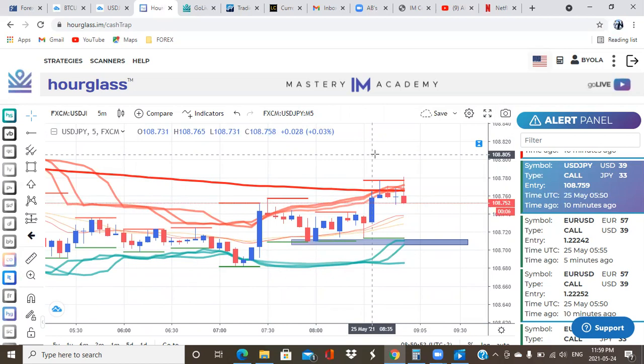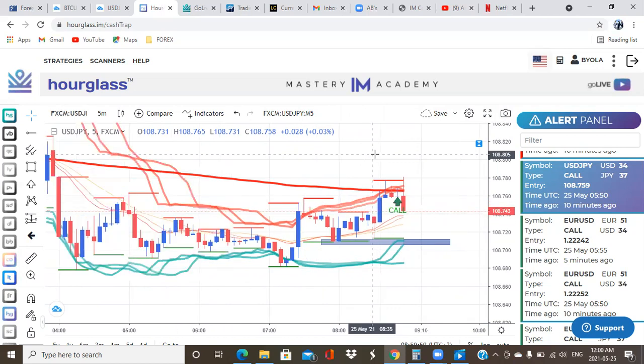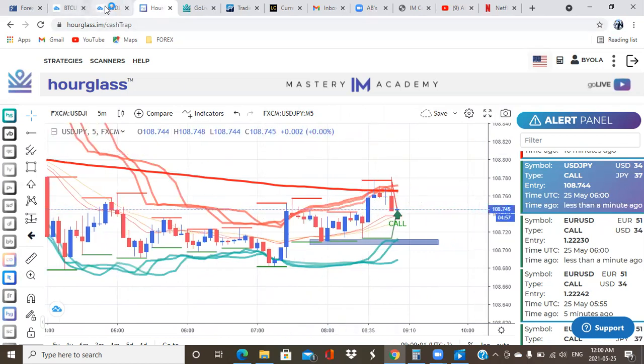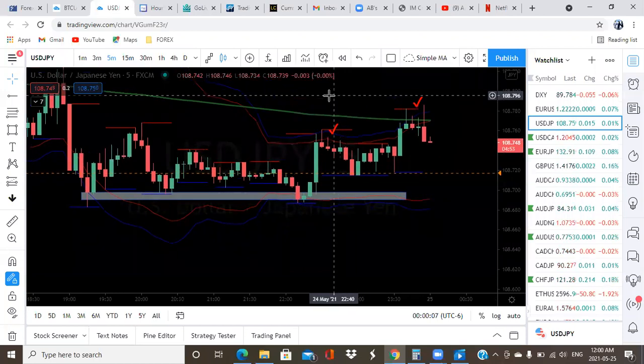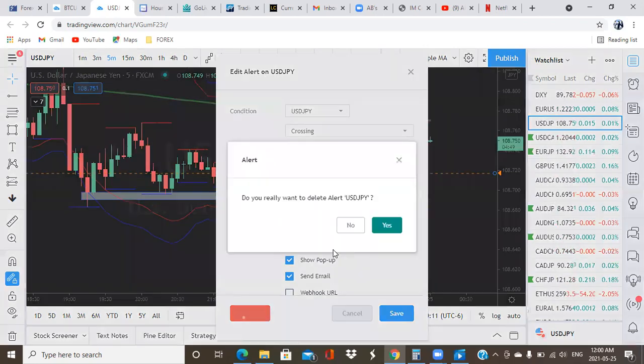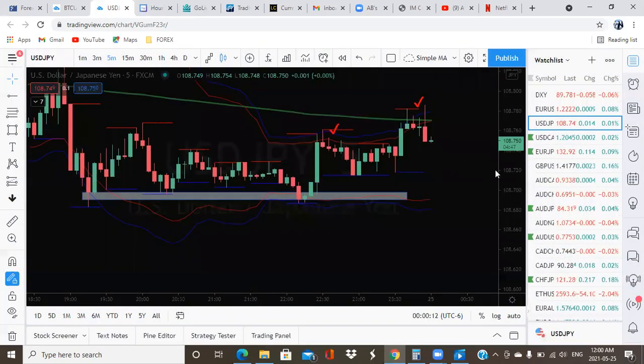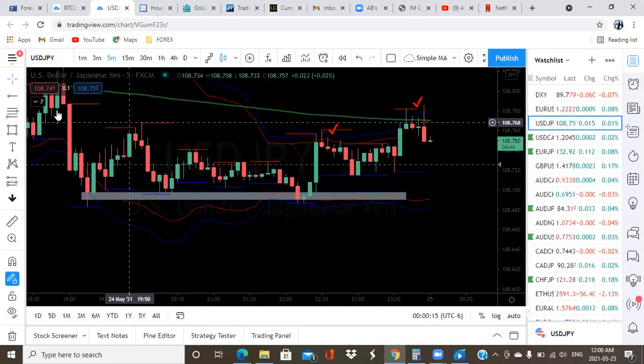What you can do is try to connect with your phone. Okay, I'm seeing your cursor now. I want to make sure that you see a good trade setup here.